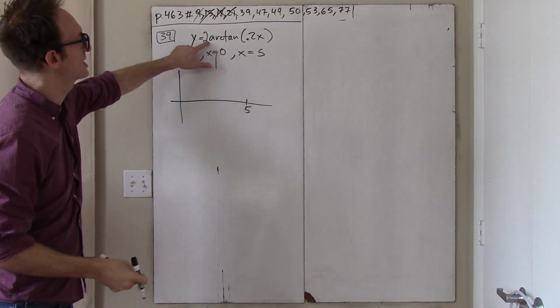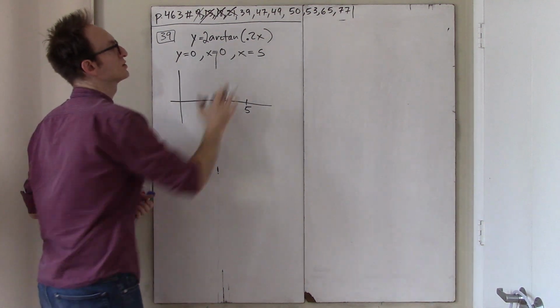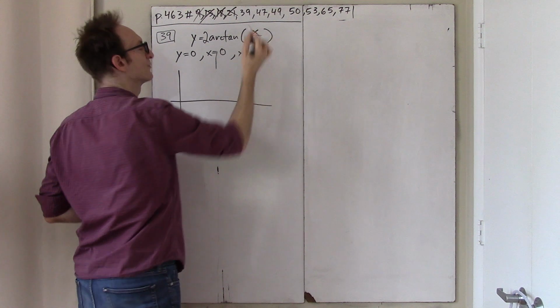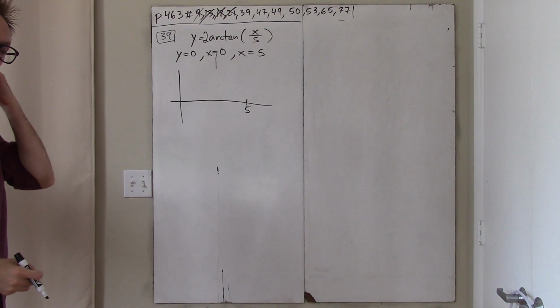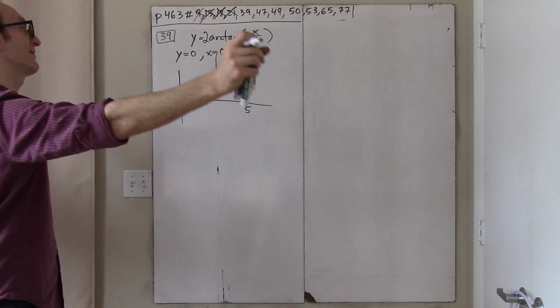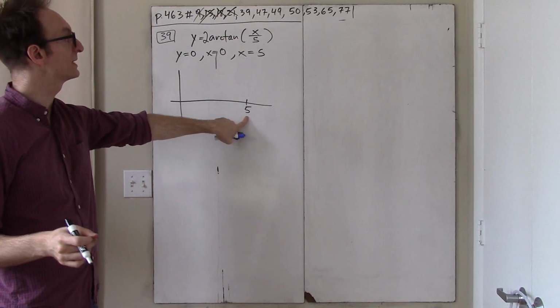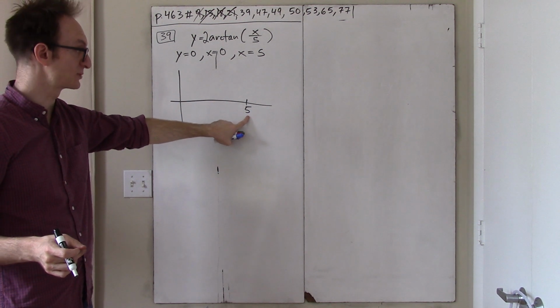The arctan function has been stretched out vertically by a factor of 2, but then this 0.2x would probably be best understood if written as x over 5. So that means we are stretching this function out by a factor of 5. And so now by the time I get to 5, I'm where I normally am when x is 1.